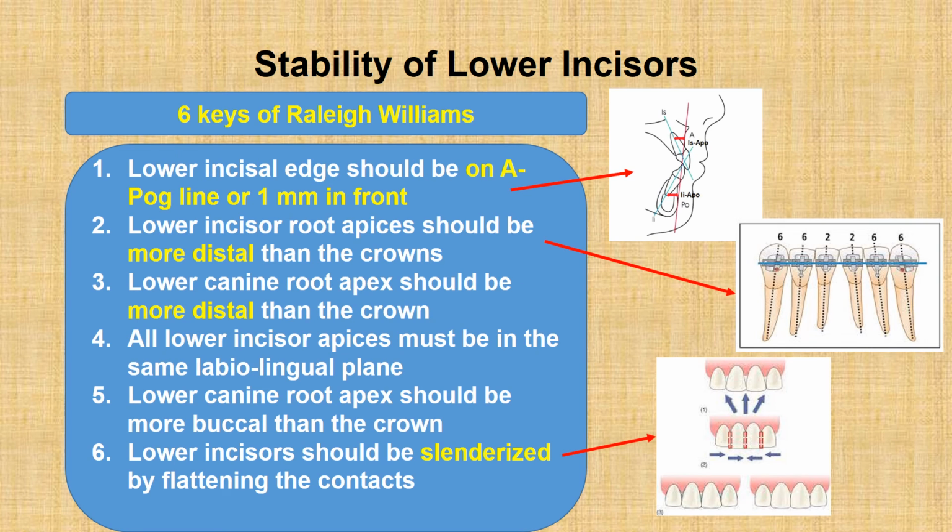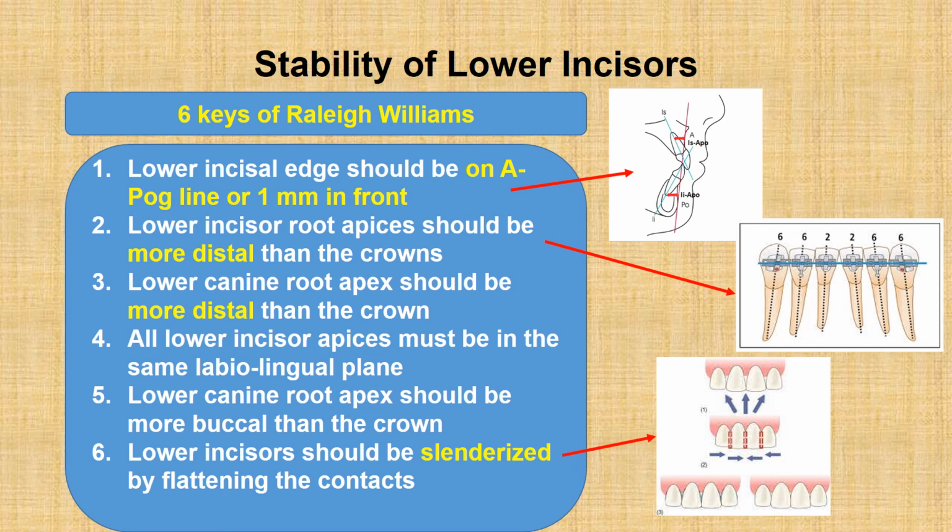Now, the stability of the lower incisors. Ricketts and Williams outlined 6 keys to ensure stability of the lower incisors. Now, he said that the lower incisor edge should be placed on the APo line or 1 millimeter in front of it.